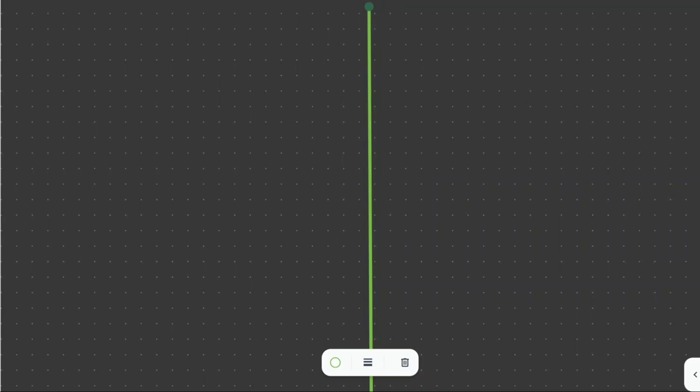Okay, so we have vertical axis and horizontal.